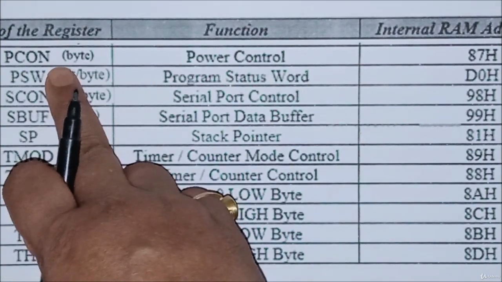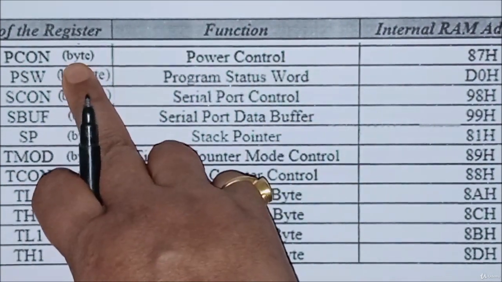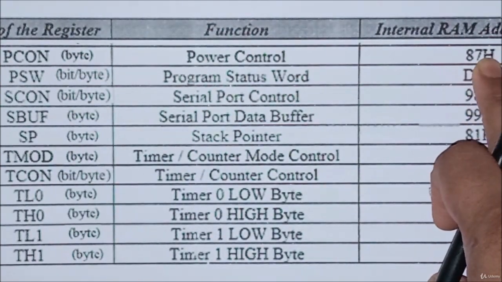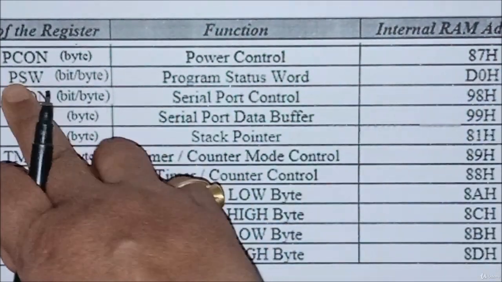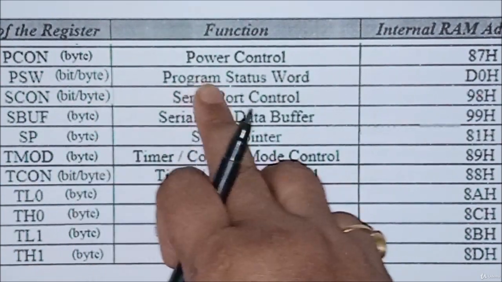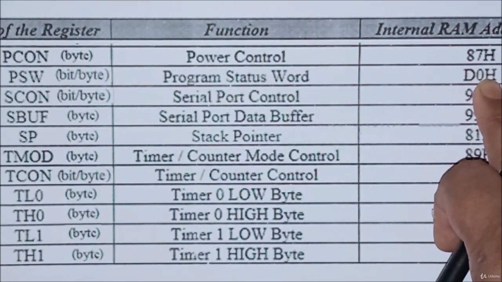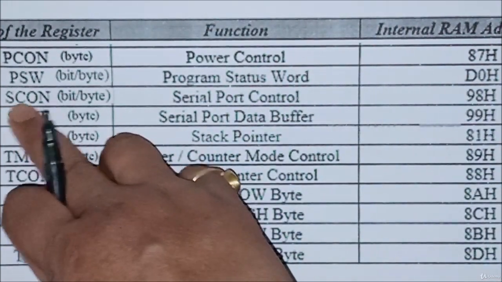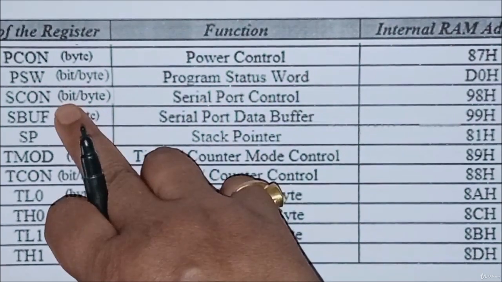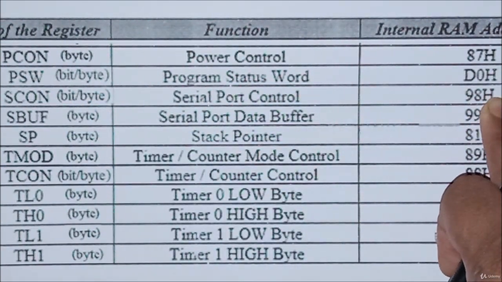Next register is PCON register, which is the power control register. It is a byte addressable register and its address is 87H. Next is PSW register, bit and byte addressable, that is the program status word register, and its address is D0H. Then SCON register, that is the serial port control register, bit and byte addressable, and address is 98H.